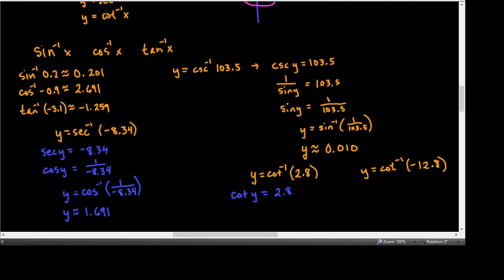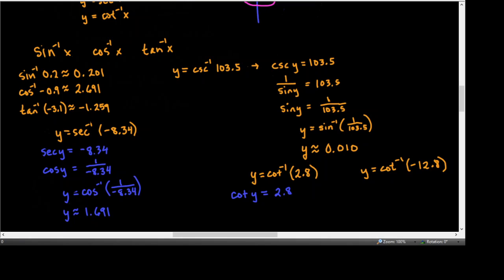Cosine inverse, its range is from 0 to pi, is 2.691 somewhere between 0 and pi, which is 3.14? Yeah, it is. Tangent inverse, its range is negative pi over 2 to pi over 2, is negative 1.259 between negative 1.57 and 1.57? Yes, it is.